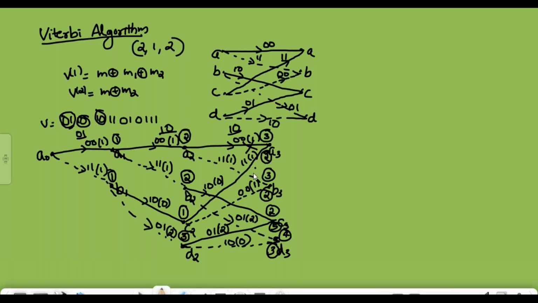We put a cross mark on that path, that is, we are not considering this particular path, A0, A1, A2, A3, further. We continue with the C2 A3 path.